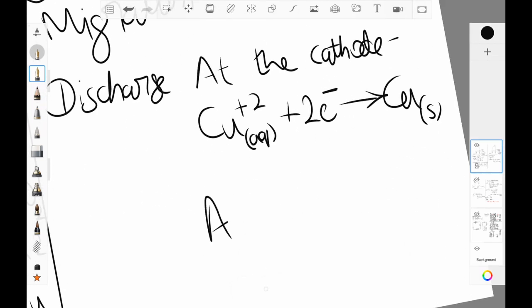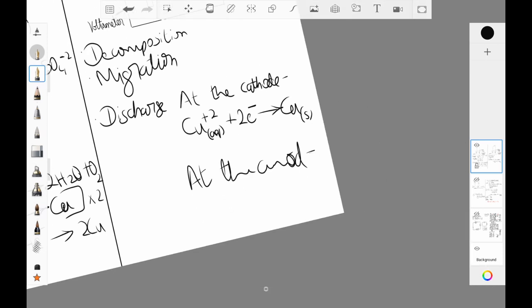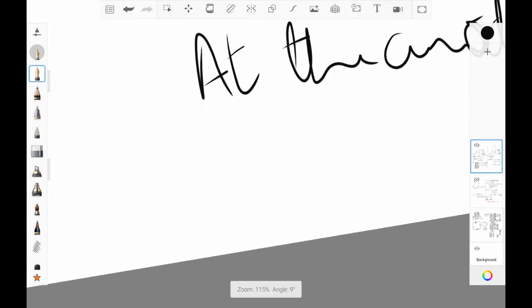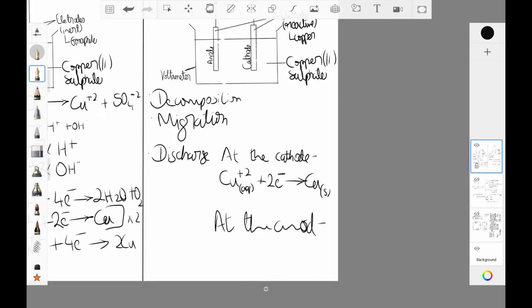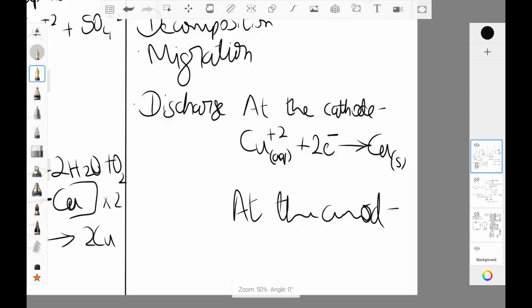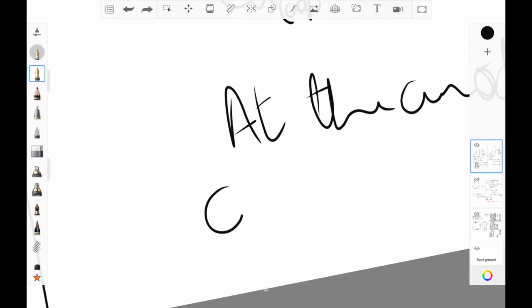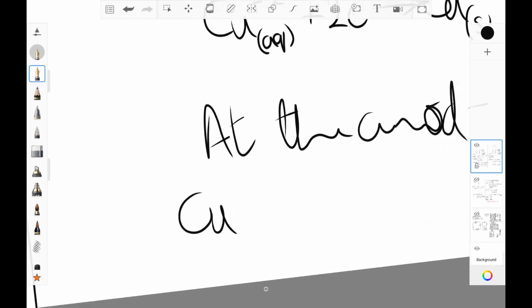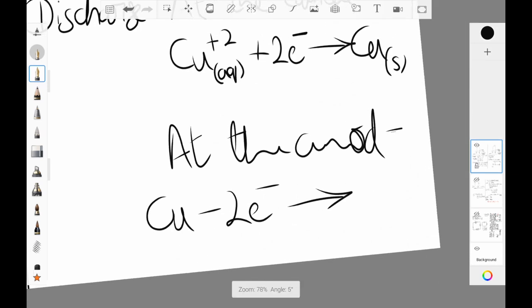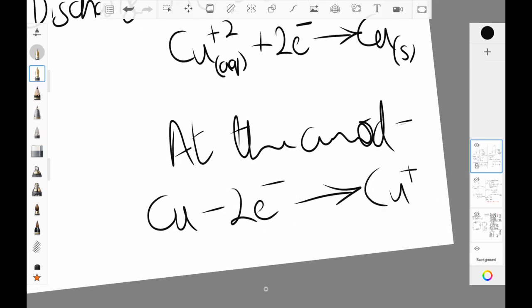At the anode, you're going to see something different. The anode here, which itself is made up of copper, you're basically going to see the reverse of this, in the sense that the copper anode is going to now lose 2 electrons, forming copper ions, Cu2+.